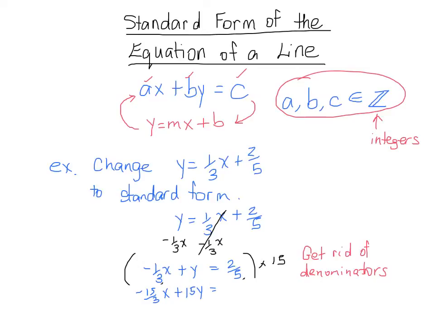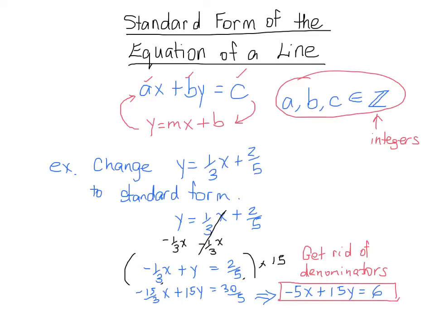And when we multiply 15 by 2/5, we get 30 over 5. So we're almost there. We can just simplify that a little bit further. Negative 15 over 3 is actually negative 5x, plus 15y, stays 15y, equals 6. And now our equation is in standard form.